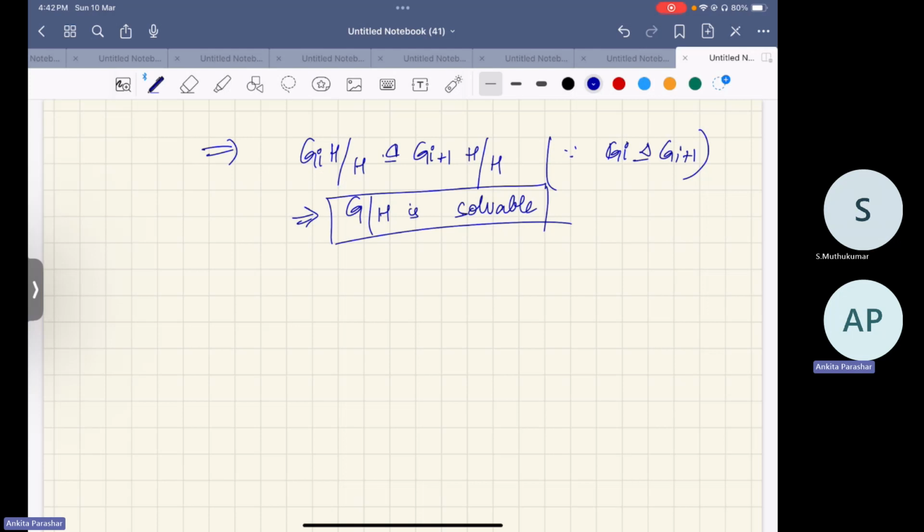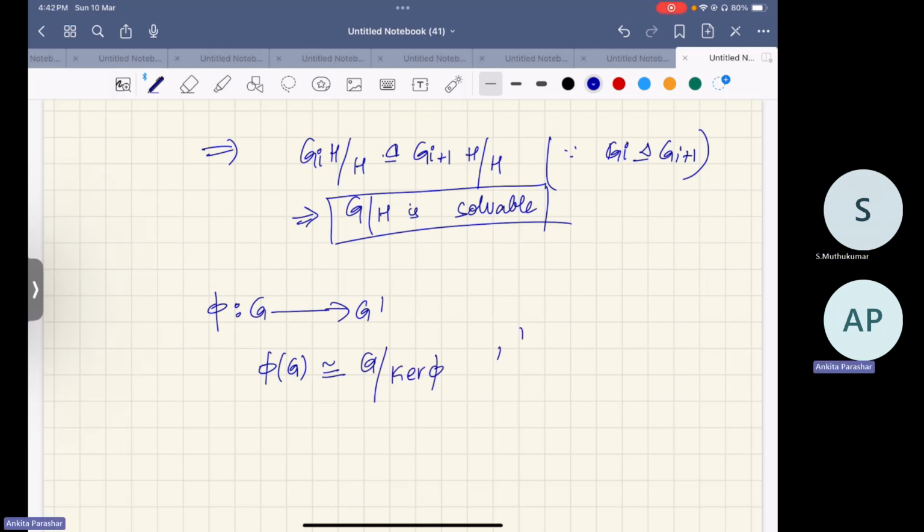Our goal is proving the homomorphic image is solvable. Till now, we have proved that the quotient of any solvable group is solvable. But I'm saying the homomorphic image is not very difficult. Why? Because for phi from G to G prime, can you write phi(G) as something known? Then you can use some criteria to prove that it is solvable. Can you use the first isomorphism theorem? phi(G) is isomorphic to G over kernel phi.